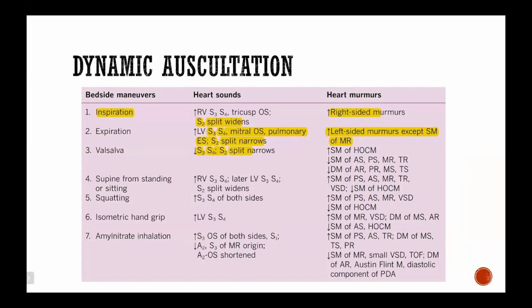These maneuvers can basically be classified into deliberate and non-deliberate maneuvers. Deliberate maneuvers means we are deliberately changing the circulatory dynamics, either by telling the patient to change his position, or by some physical procedure, or we give certain pharmacological agents, and we see how the murmurs or the heart sounds change accordingly.